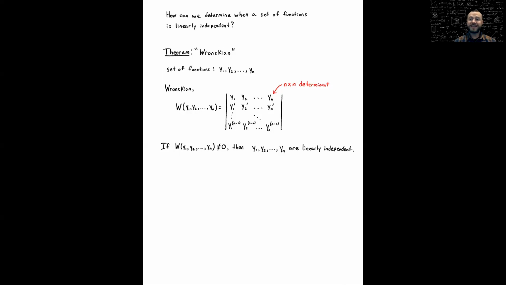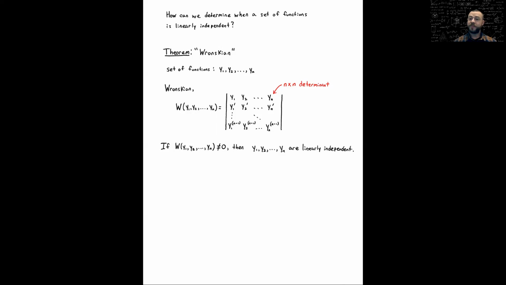All right, and it involves taking those sets of functions, y1, y2, up to y sub n, and putting them in an n by n determinant. So we put in the first row of that matrix or determinant the functions, and as we go down to the next row, we put in the first derivatives, then the second derivatives of each function, and then we finally finish there.